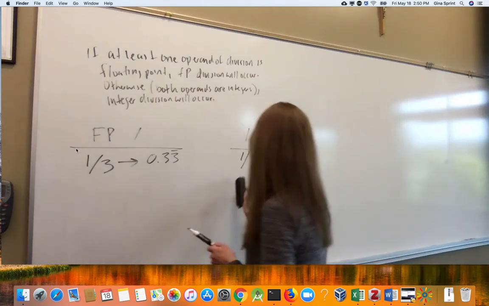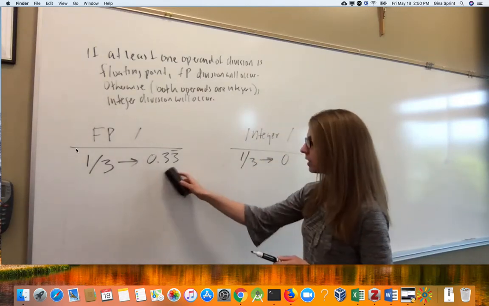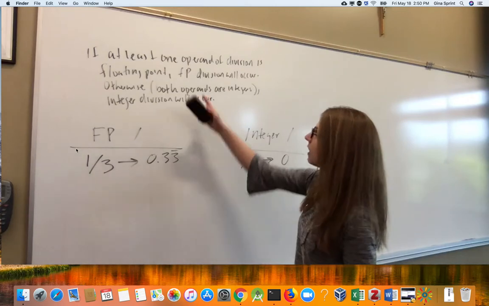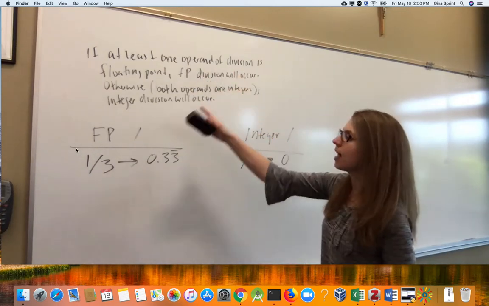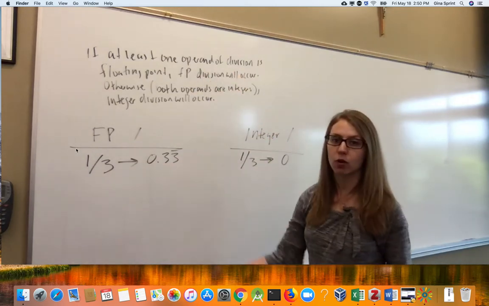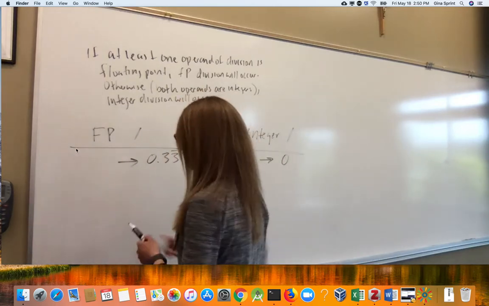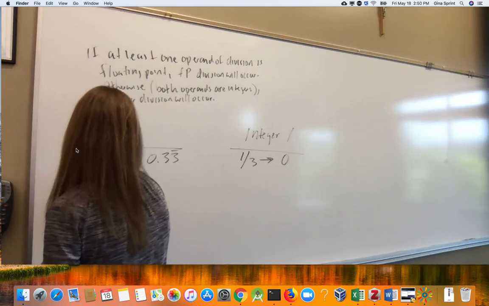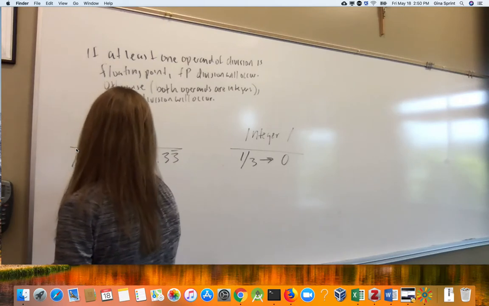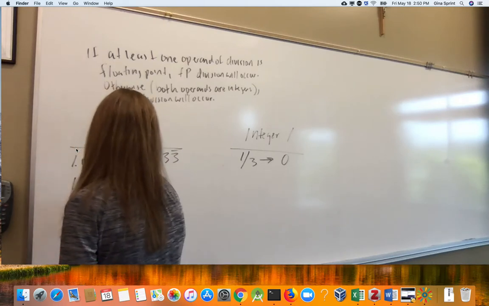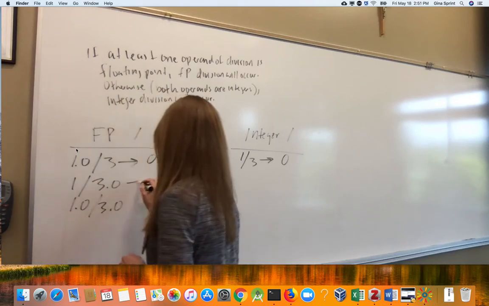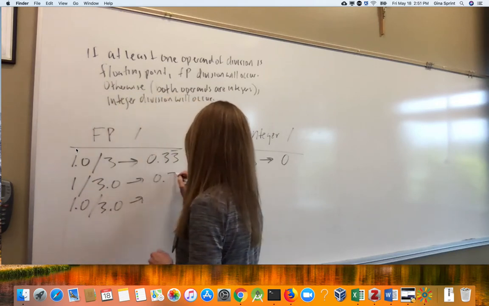To ensure that you don't get 0 when you want 0.33, at least one of the operands has to be floating point in order for floating point division to occur. So that could be 1.0 divided by 3, 1 divided by 3.0, or both of them, 1.0 divided by 3.0.